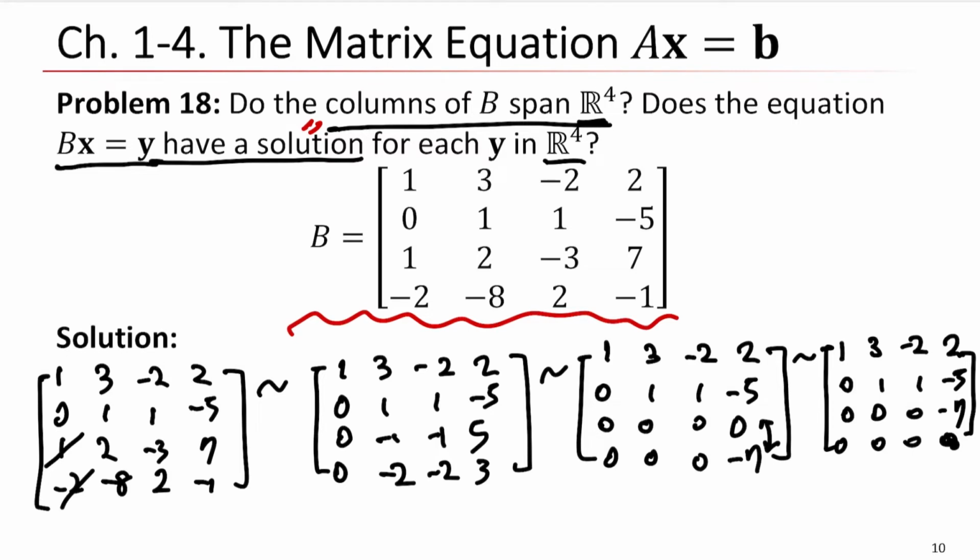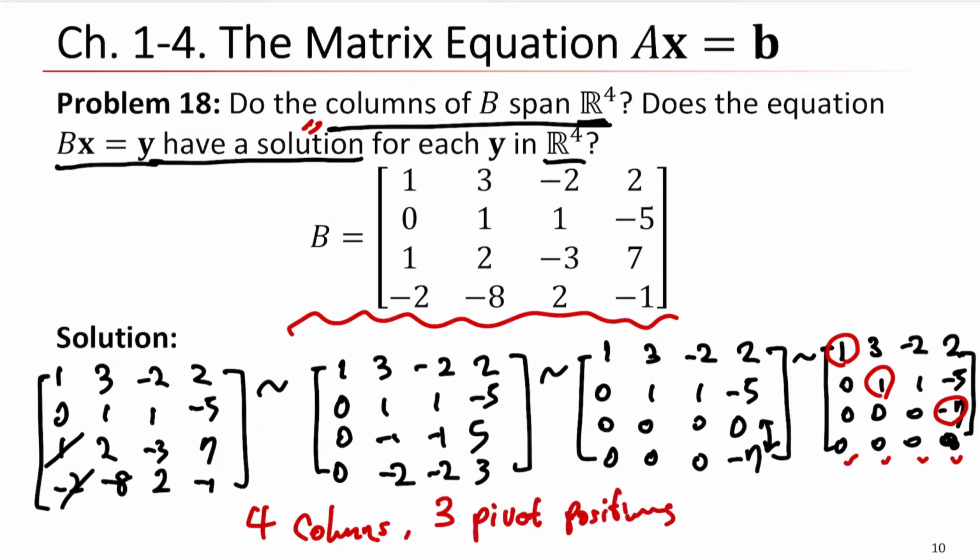Okay, so where's the pivot? Where's the pivot position? Here, here, here, right? So there are four columns, but there are three pivot positions, right?